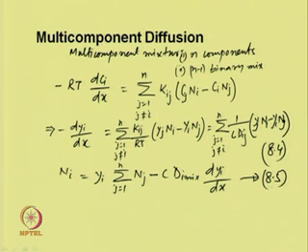Now, if we compare 8.4 and 8.5, then we can obtain this D_i mix, the mixture diffusivity.